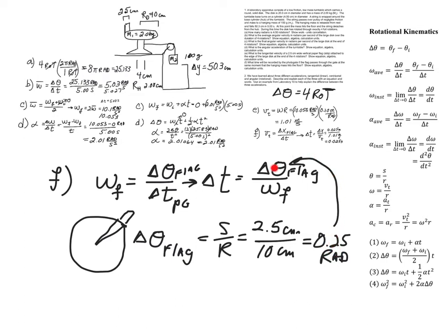And if we put that here and divide by the omega final, the 10.1 radians per second, you'll get the same answer that we got earlier, the 0.025 seconds.